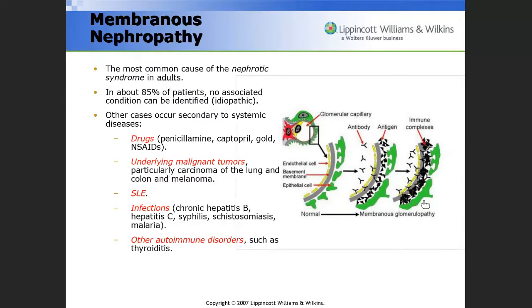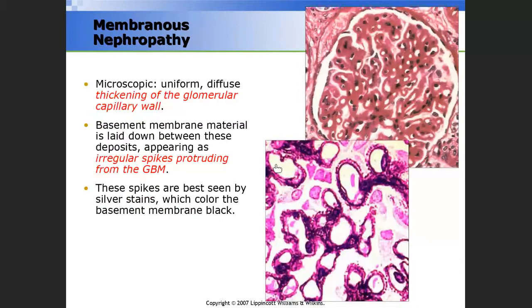Okay, and there's a special staining. The silver staining will show you these bumps. So then that's my clue. It has irregular spikes protruding from the glomerular basement membrane.